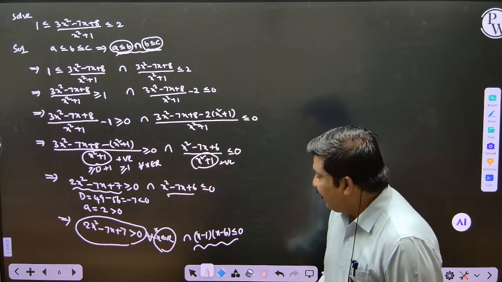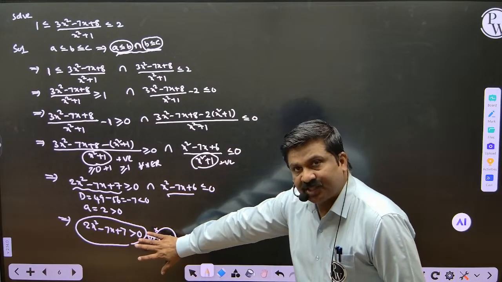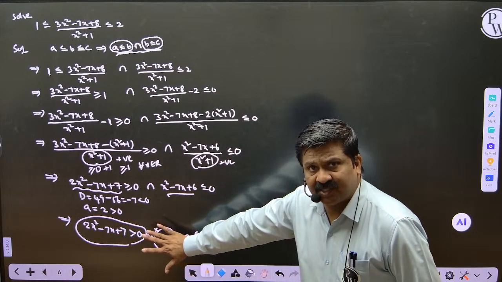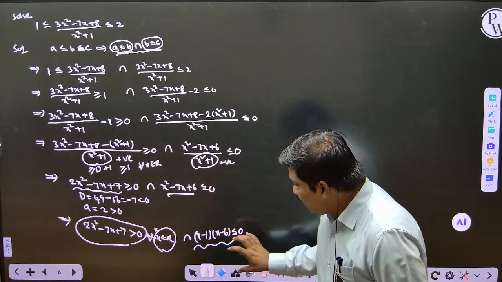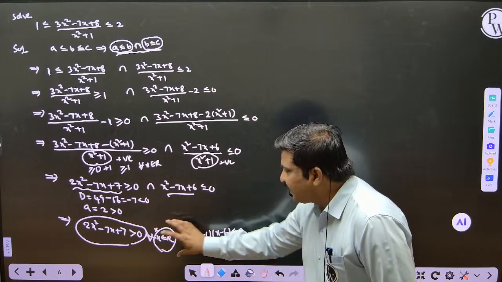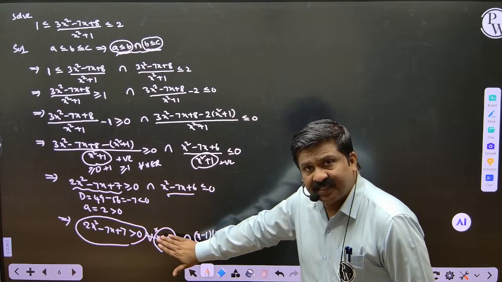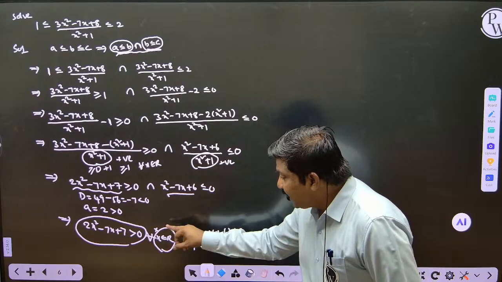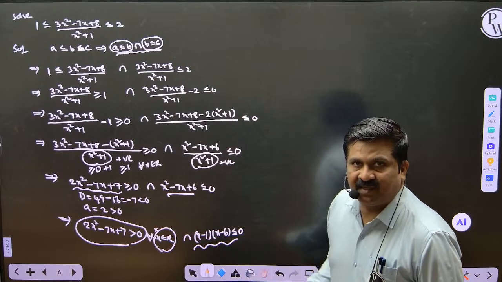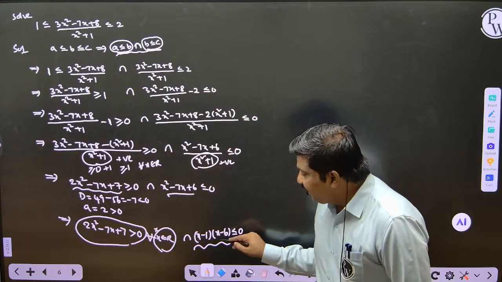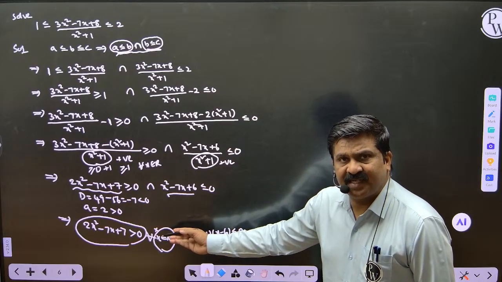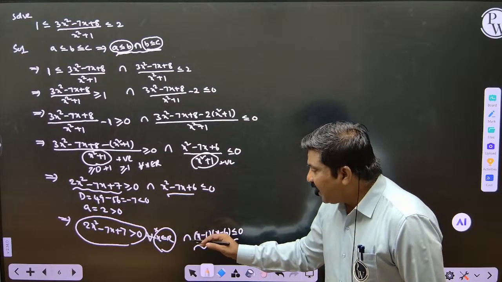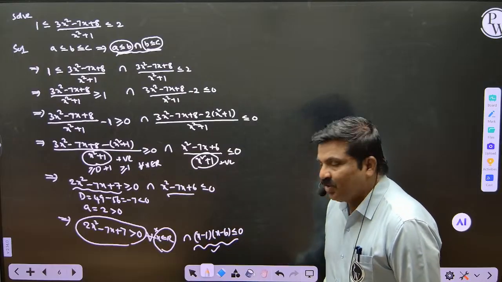In commonality, this is true for every x belongs to R, but we need only the commonality of this result and that result. This result is total R, but for this result we want to find the solution. Then their commonality automatically gives this result, because R is the universal set and this is only a subpart of R. When you take the commonality, we get only this solution.